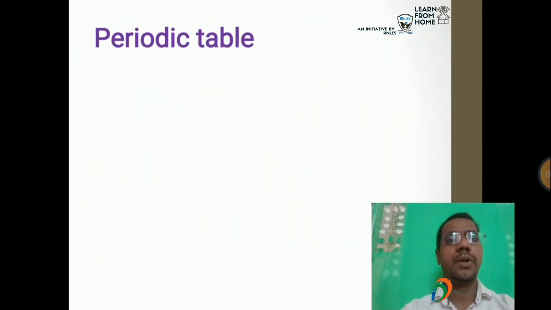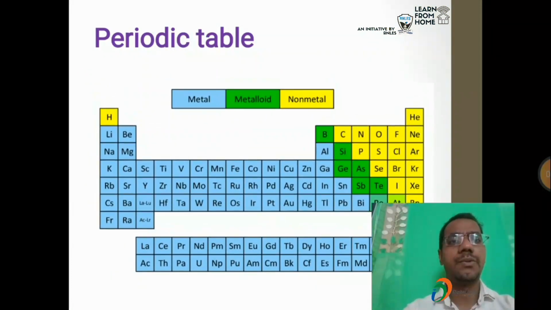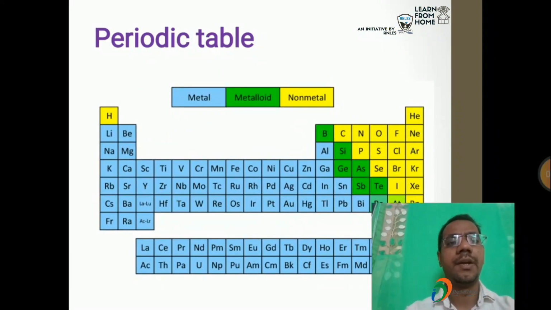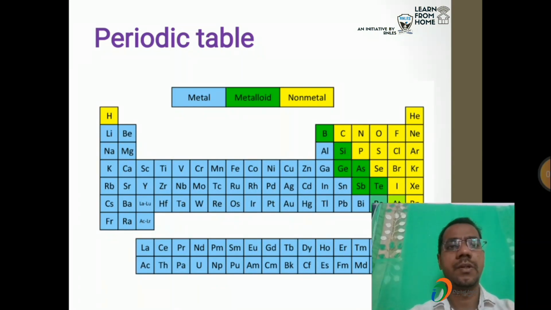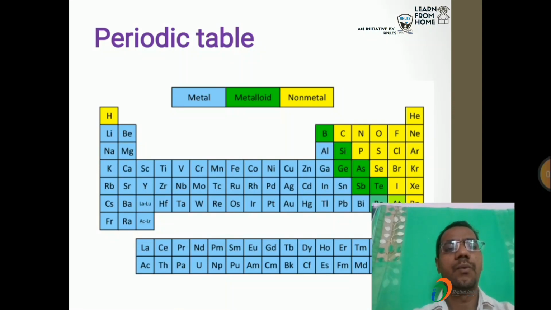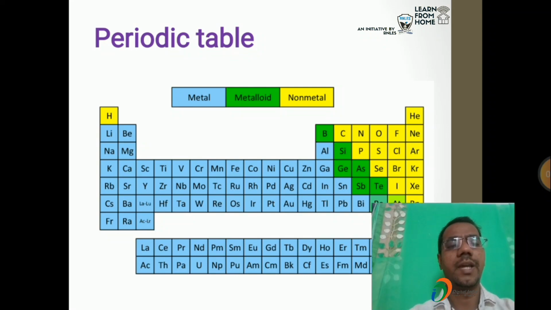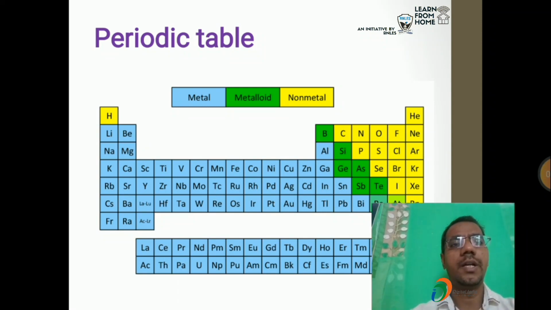So, the periodic table. In chemistry, the periodic table is one in which the elements are arranged in a specific manner. If we see, we have different colors in the table. You can easily see the blue color is for metals, the green color is for metalloids, and the yellow is for non-metals.